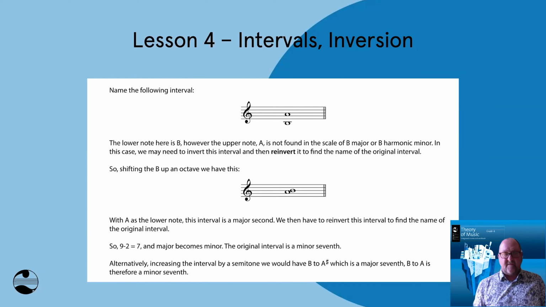I find that students who are quick at this kind of thing, this can save them all of the painstaking working out of inverting and re-inverting. But I think students need to know both of those techniques. You might want to try out the second technique of shifting things up or down a semitone and then trying to trigger their knowledge of intervals.